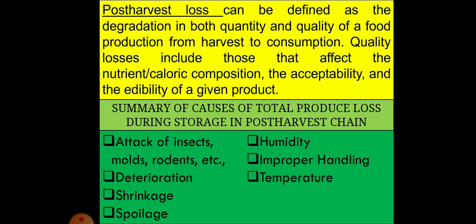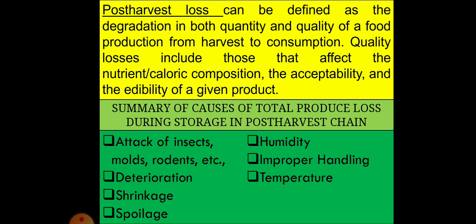First, we have attack of insects, deterioration, shrinkage or wilting, spoilage, humidity, improper handling, and temperature. Attack of insects like the weevil, the molds, and the rodents will cause losses in root crops and in grains.